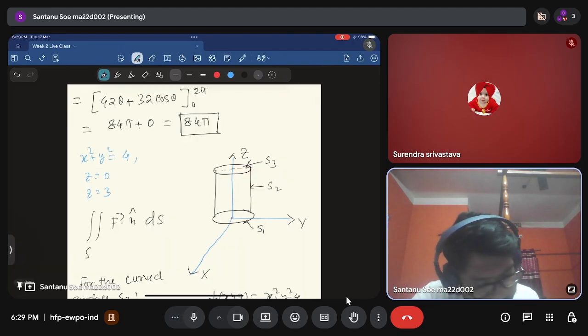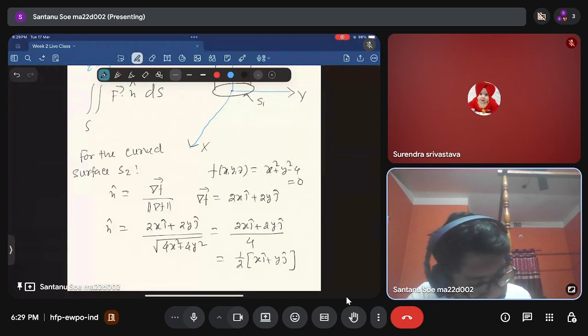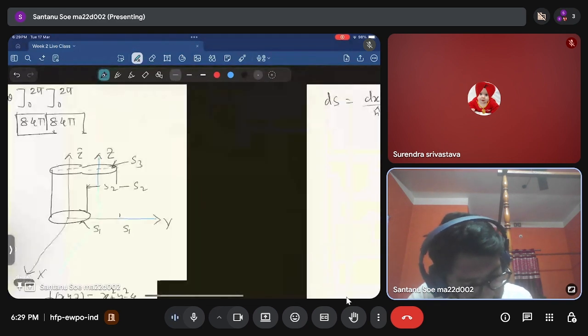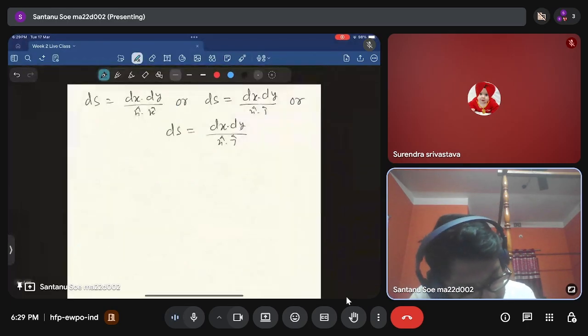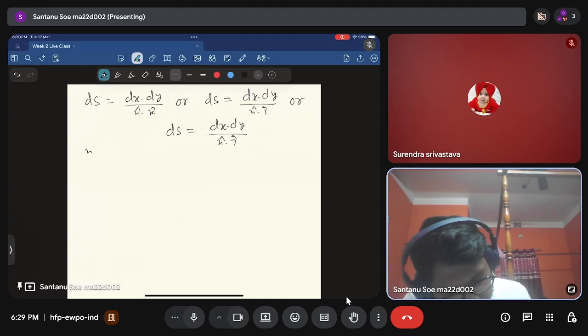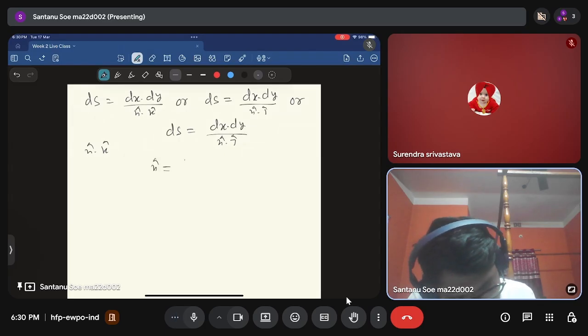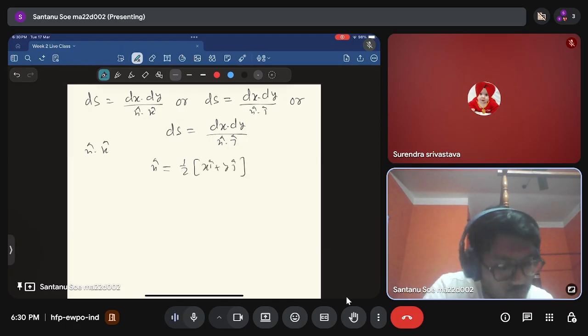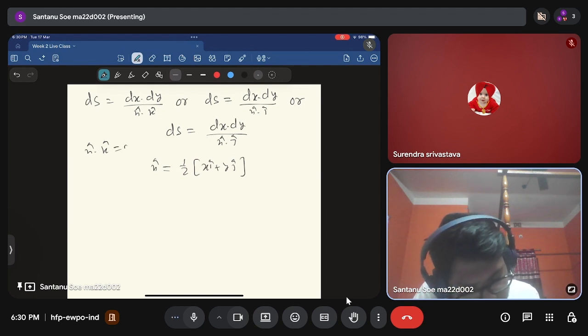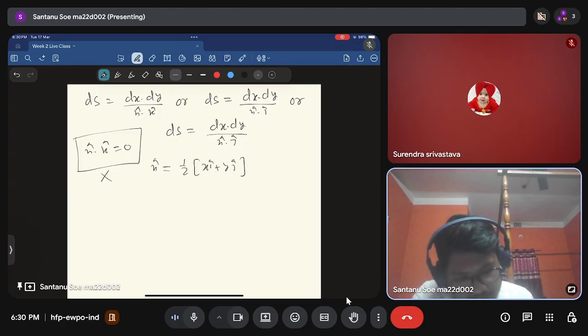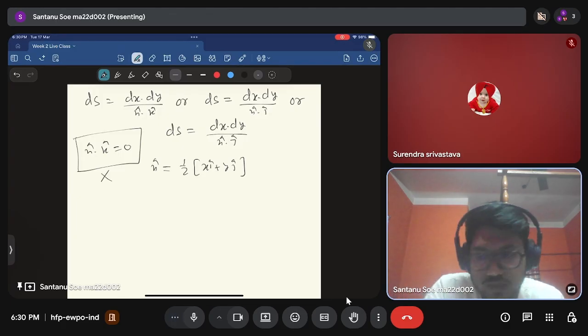Since we cannot project this region onto the xy plane, because in this case n dot k will be 0. In n there is no k cap, so n is just 1 by 2 x i cap plus y j cap. Since there is no k component, if you take n dot k, it will be 0. And we don't want this, otherwise this integration won't be implementable.